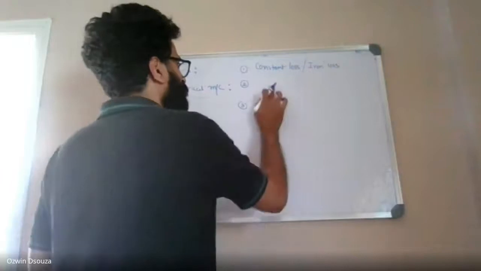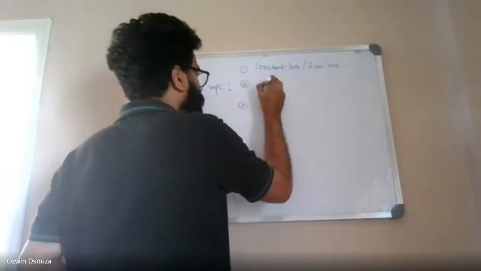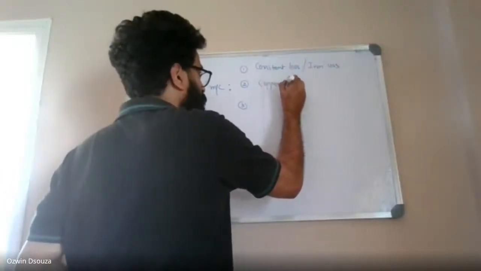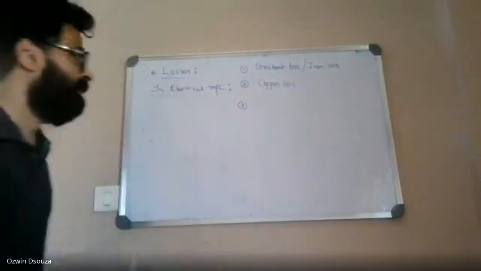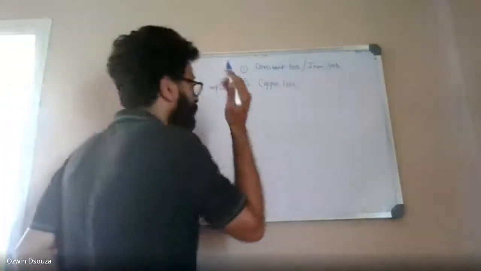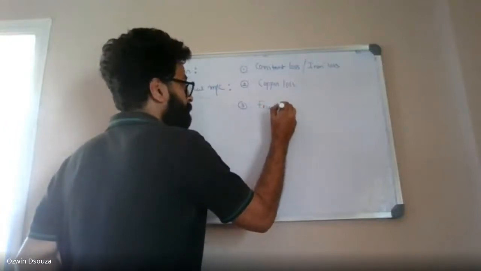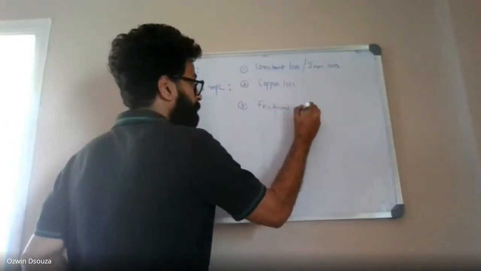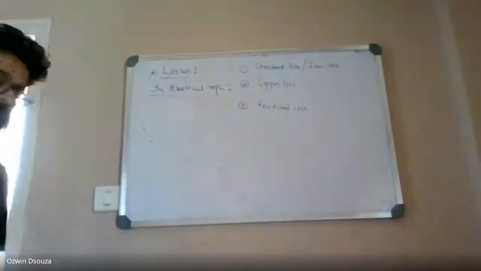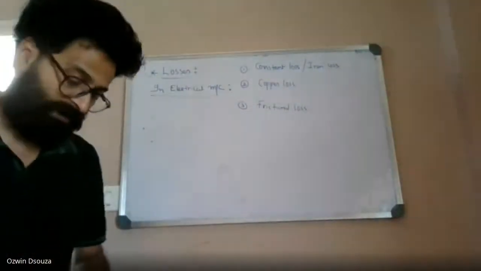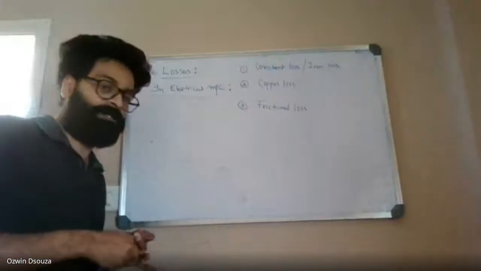The second one is the copper loss. And the third type of loss is called the frictional loss. So these are the three major losses found in electrical machine.